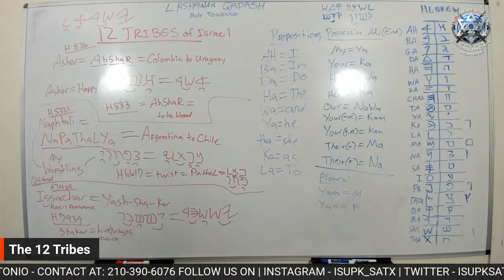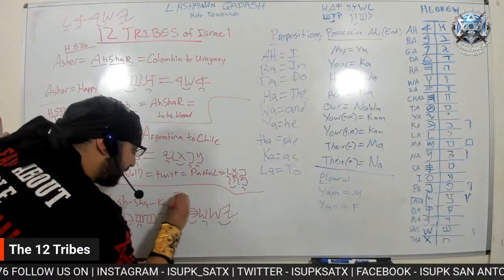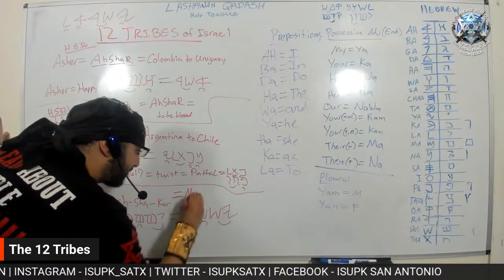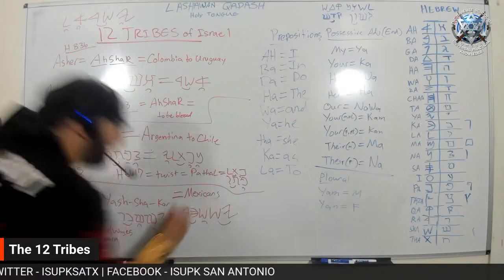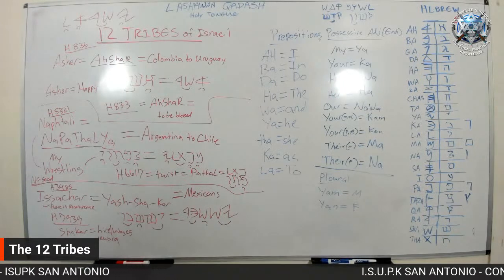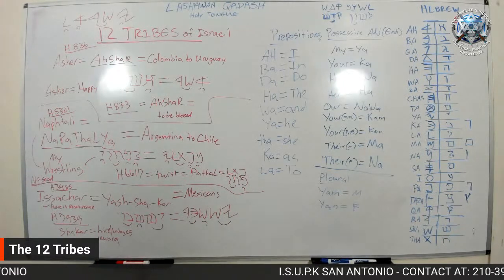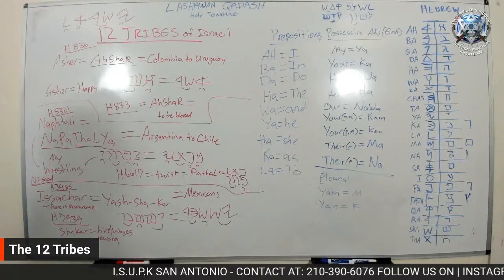So they all mean the same thing. And of course, we know this. This is probably one of the most obvious ones, the so-called Mexican. Why is that? Because they are the hardest working people on planet Earth. Now, if anyone tries to tell you Mexicans aren't Israelites, they tripping.